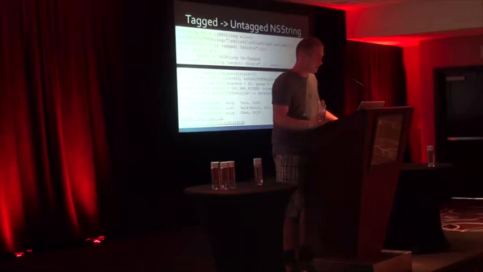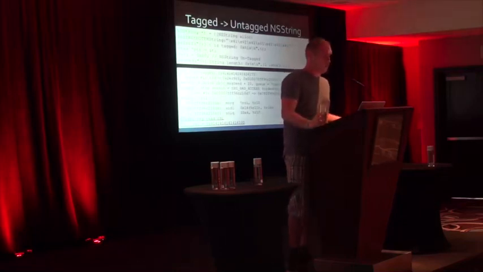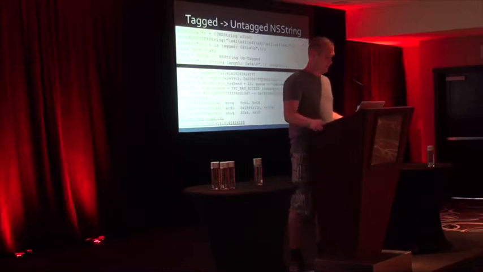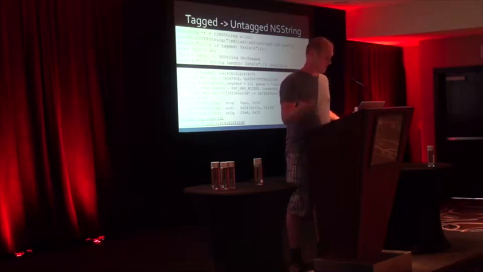So another interesting situation is to go the other way. If you have a small string of 7 bytes being allocated as a tagged string, and then you overflow into the last byte of that, then you can change it from tagged to untagged, right? And you can see that case there. I'm initializing the string with 7 A's, and then writing the value 0 over the last byte of it. And then we call the method length again.